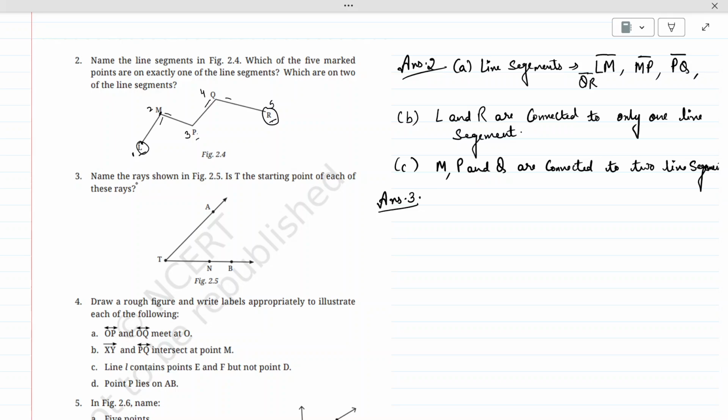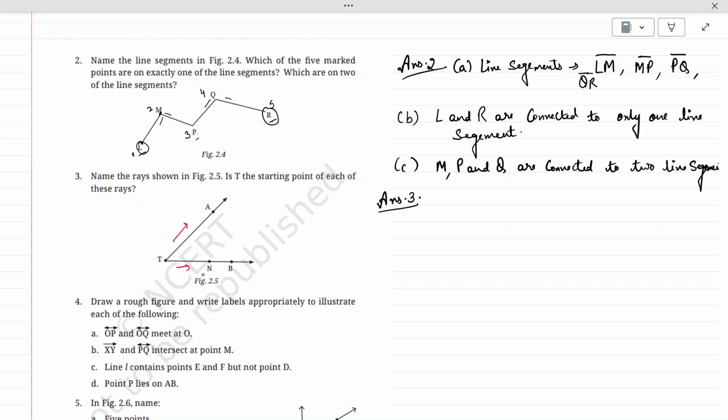Now coming to the question, name the rays shown in this figure. So kids, I'm marking here with red. The first ray is TA. It is starting from T and it is going to A and extending in this direction. Then we have TN.